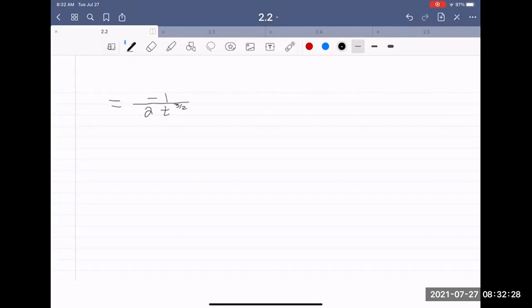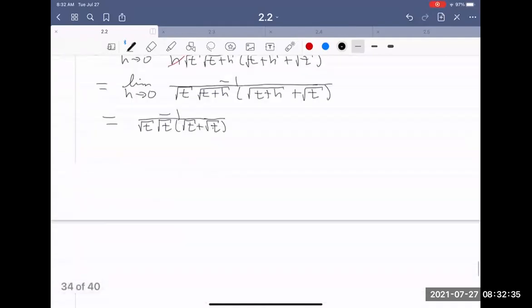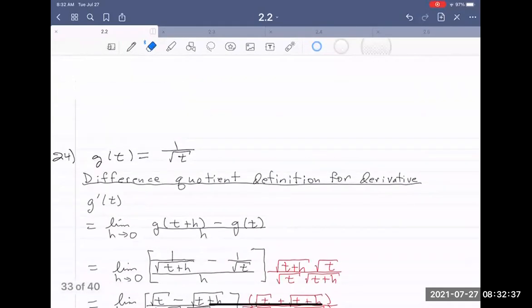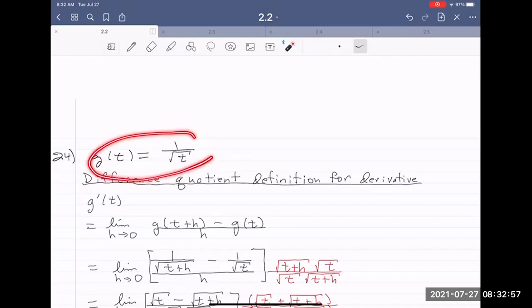So let's find the domain of G. Well, let's look back at G. If I look at G here, it's 1 over the square root of t. You don't want to divide by 0, so t is not 0. You also don't want to take the square root of a negative number. So t is neither negative nor 0. T is positive. And so the domain of G is just positive numbers.